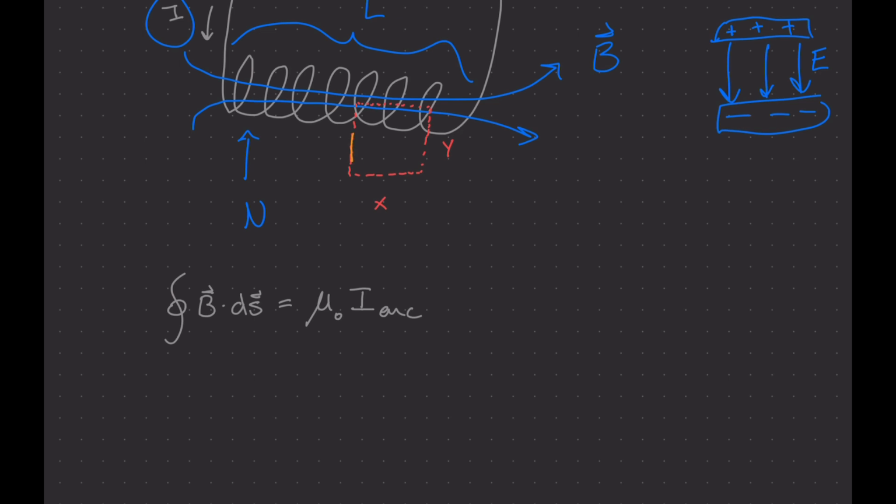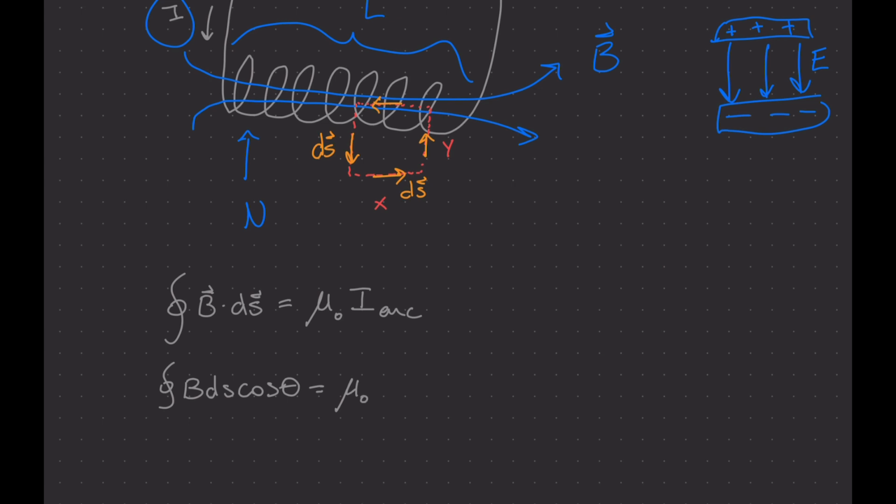I'm going to again choose that it's going counterclockwise, ds like this, ds like that. That means here it's going this way, and here it's going this way. Now that we've chosen the direction, I will just expand this dot product in terms of this identity: magnitude of the first vector times magnitude of the second vector times cosine of the angle between them. That is the dot product identity.